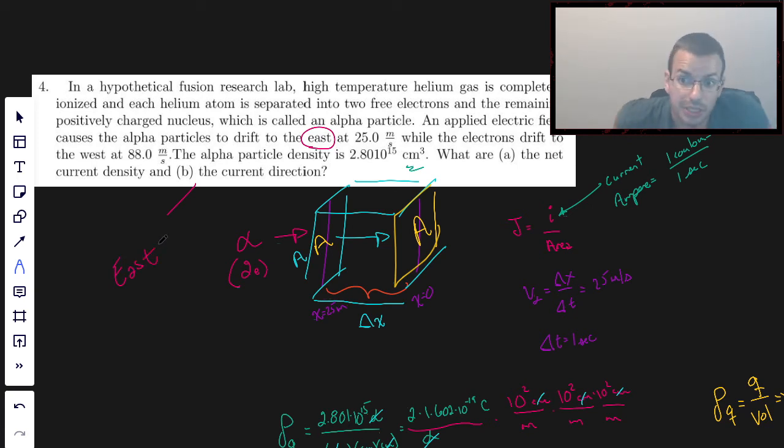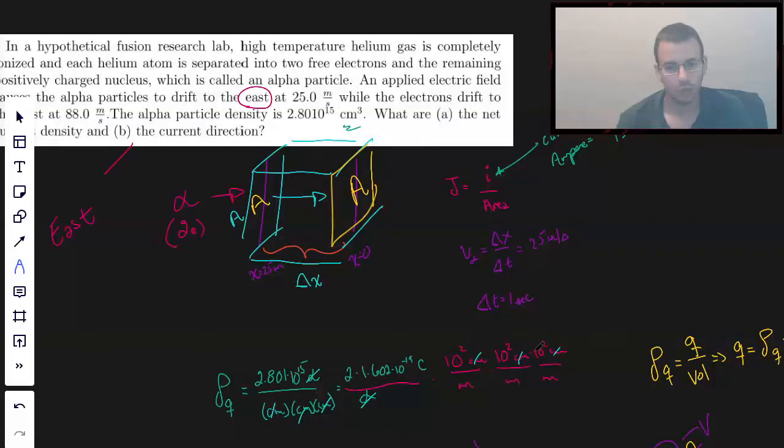All right, let's backtrack and summarize what we did here. To recap, we wanted to find the current density due to moving charges. They give us the charges, which are alpha particles and electrons, and they give us a speed associated with them.